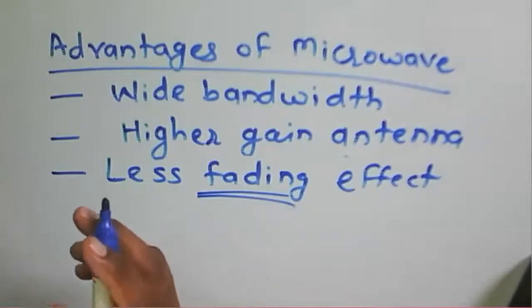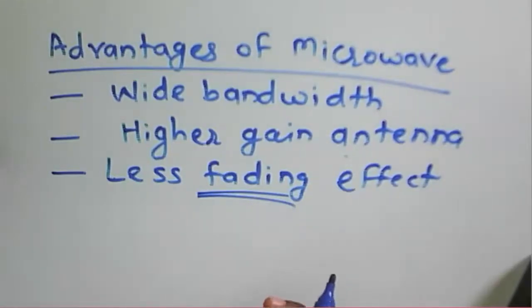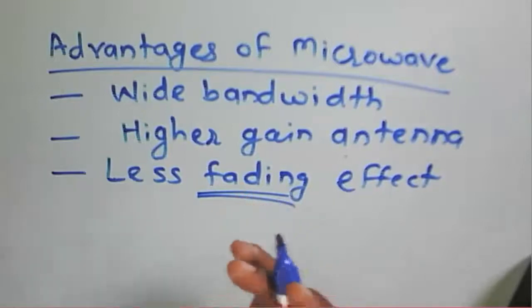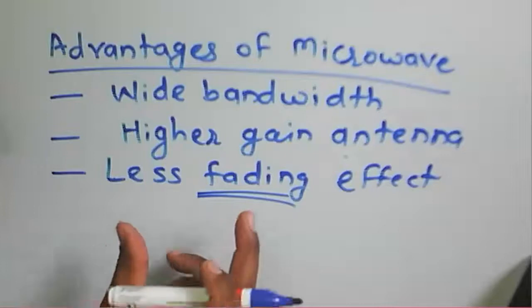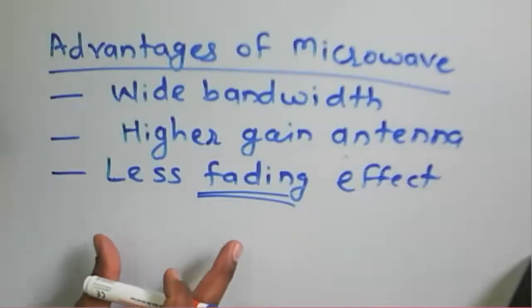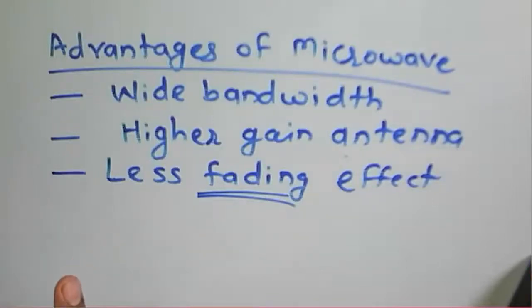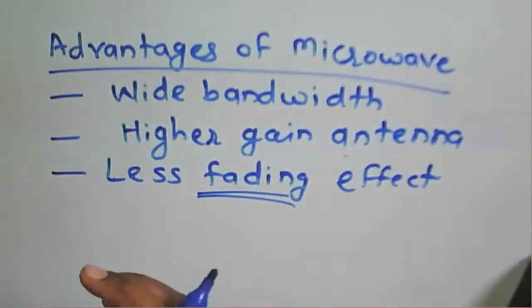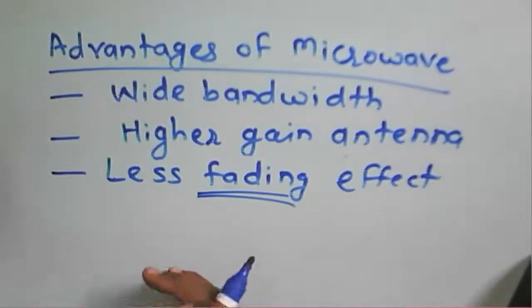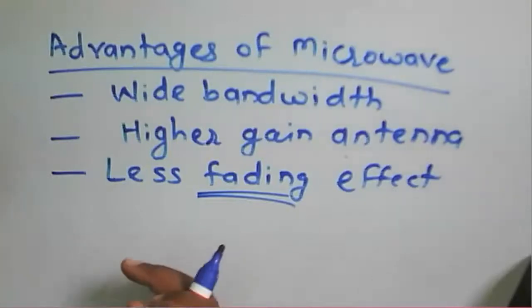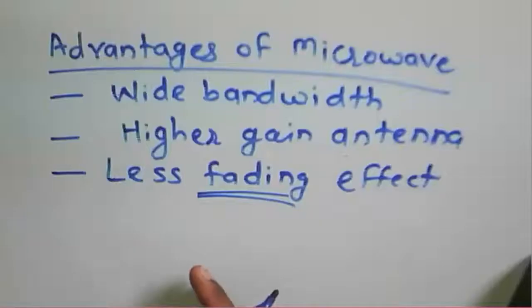So your signal is not affected by the ionosphere, even when we are communicating by line of sight propagation. There is no variation in the signal strength while propagating the signal through the ionospheric layer, or in any medium; the variation in signal strength is very little.